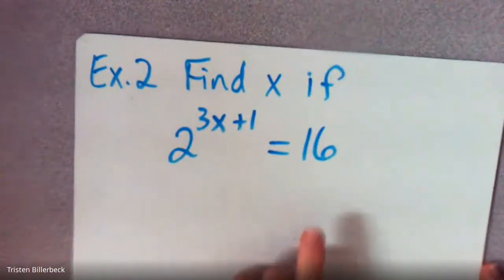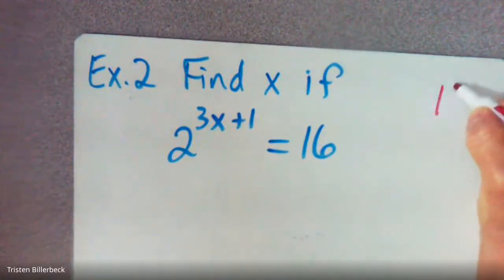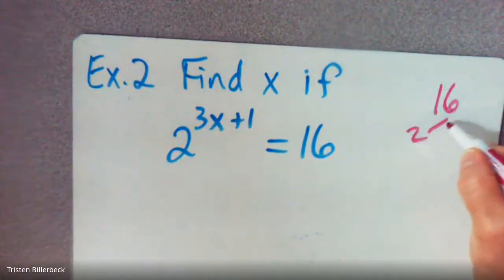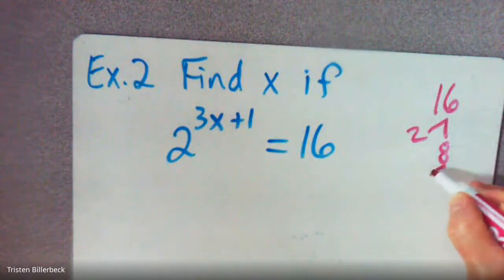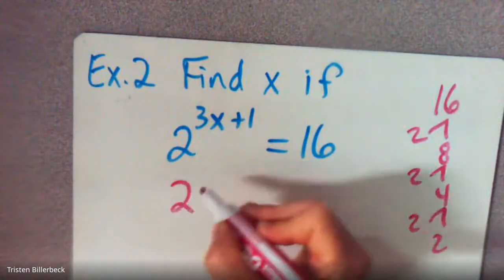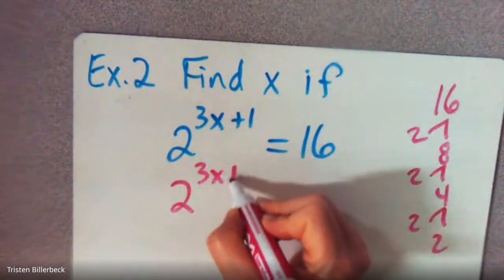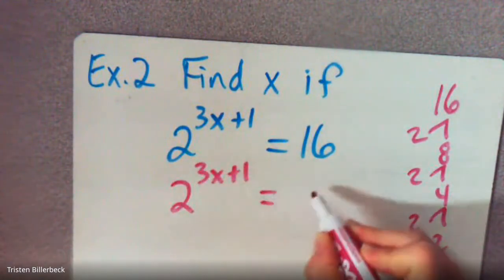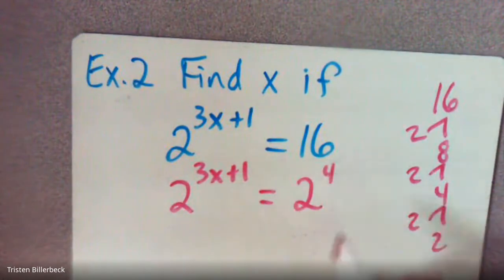All right, well, let's prime factorize 16. I think most of you know what this one is. We're just going to keep taking some 2's out, right? Okay, so we have 2 to the 3x plus 1 equals 2 to the 4th.